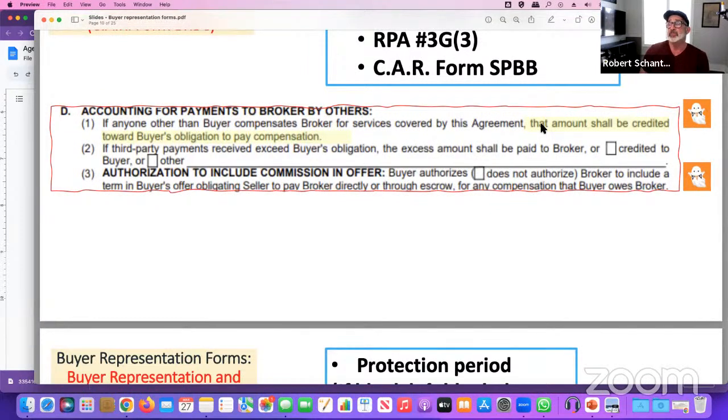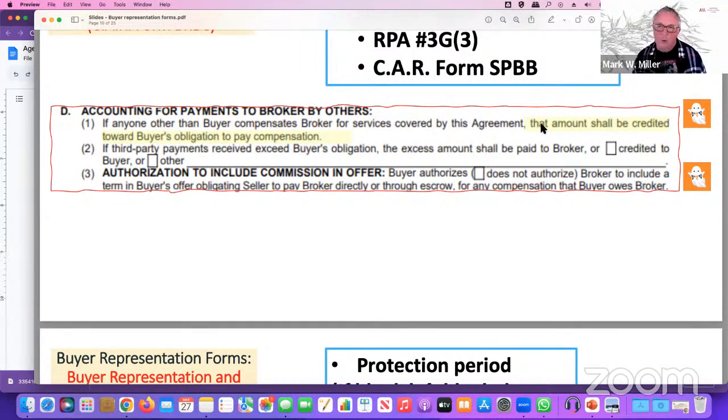So let's say it's 2.5%, which means you'd only be responsible for 0.5 point. We'll discuss that a little further too, but you might want to be a 3% buyer's agent, where you get paid a full 3% no matter who you're dealing with and no matter what the cooperating broker is paying in the transaction.